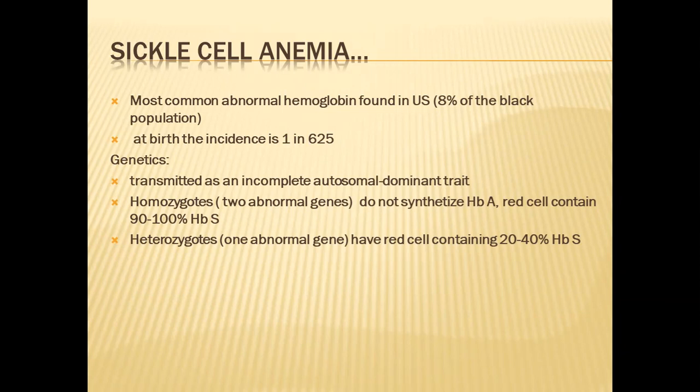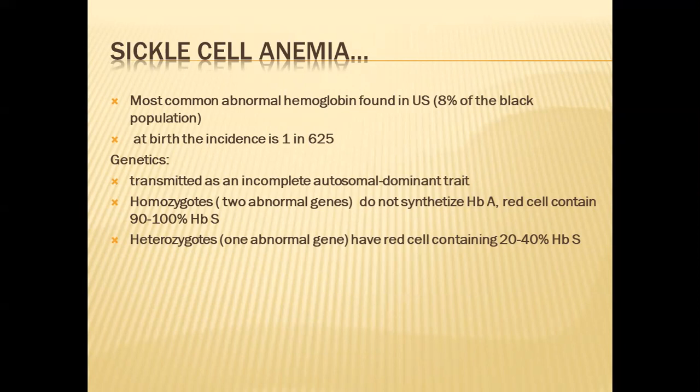So it is important, and we should know the genetics. It's transmitted as an incomplete autosomal dominant trait. In homozygotes, when there are two abnormal genes, there is no synthesis of HbA, hemoglobin A, and the red cells contain almost 90 to 100% of the HbS, sickle cell hemoglobin.